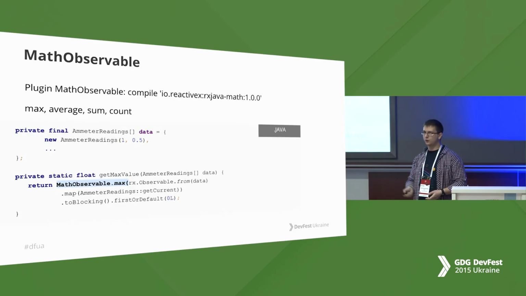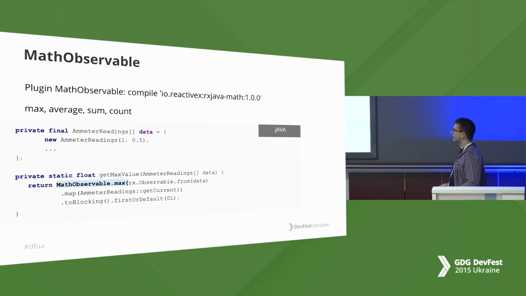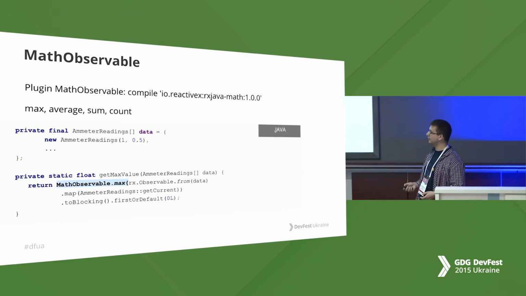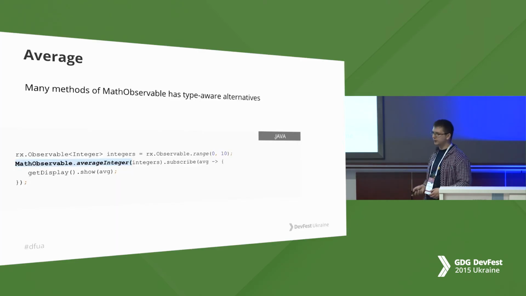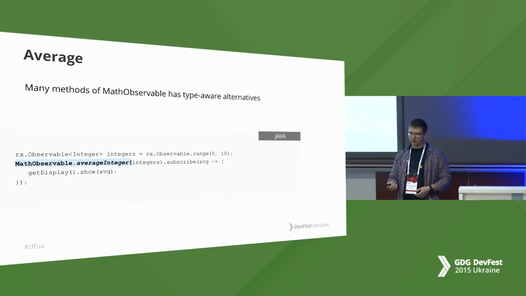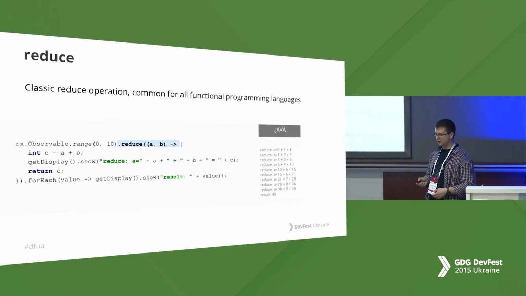Math and aggregate. You already saw Math Observable. It's a plugin for RxJava. It's not built in, and it gives us the ability to count the maximum. Simple. The same goes for average. Something similar is reduce.